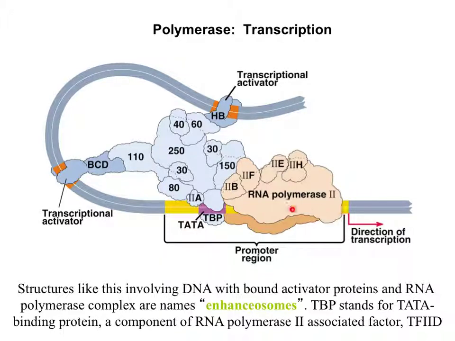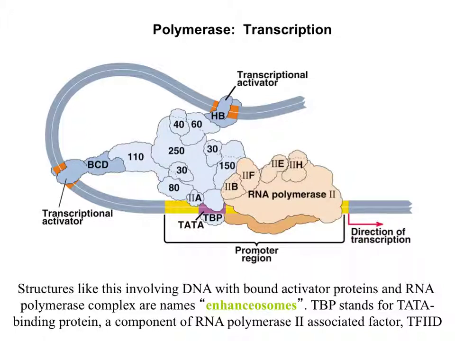Structures, so this is an example of RNA polymerase II, Pol II, which will recognize a promoter region, which is upstream of where you're going to do the transcription. And so you have transcription factors and polymerases that work together and help bring this complex, this RNA polymerase complex or enhanceosome, so that it can direct transcription.